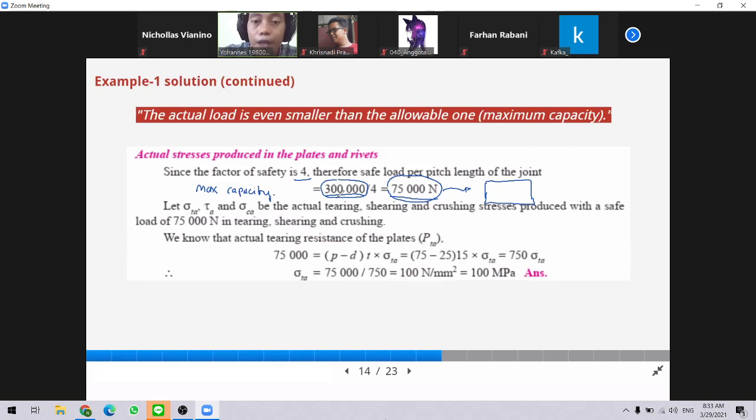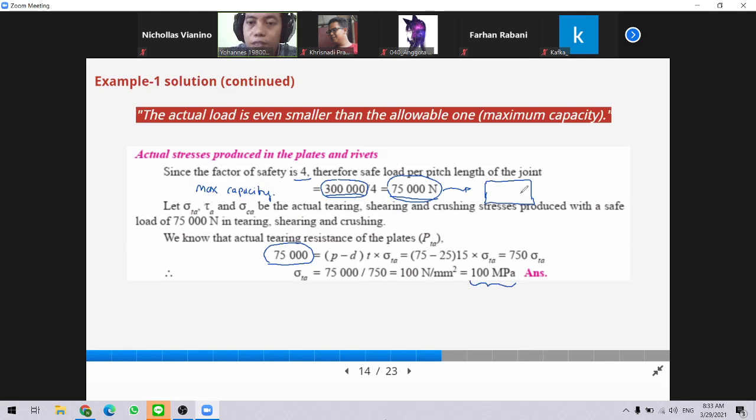It can be applied. So other stresses can be calculated based on this load.